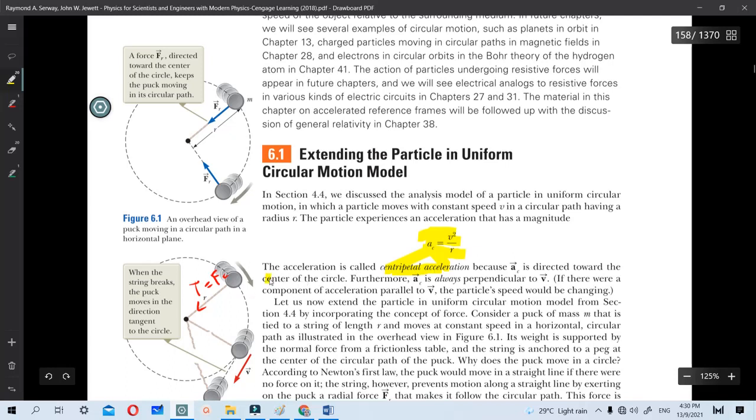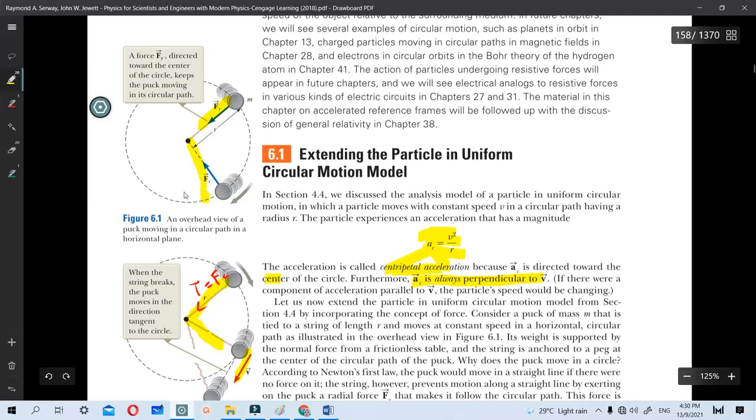You will find that this AC and the V tangent are perpendicular to one another. This describes the concept of direction. The velocity is tangent to the circumference, and AC is always directed towards the center, as in figure 6.1.